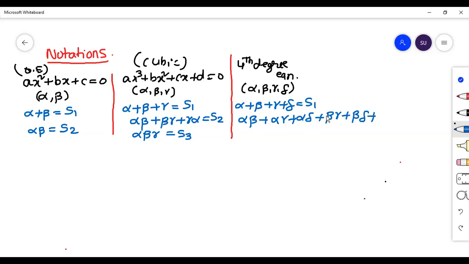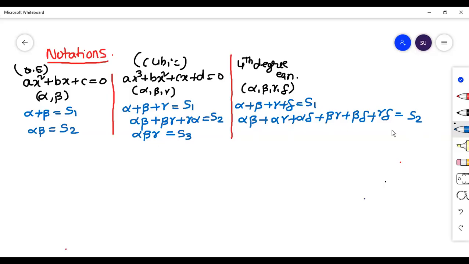So starting with beta, two terms are over. Next, start with gamma: gamma delta. If you start with delta, delta alpha is the same as alpha delta, already counted, so this is the end of the terms. Consider this as S2. So the 2 means taking two roots pairwise.